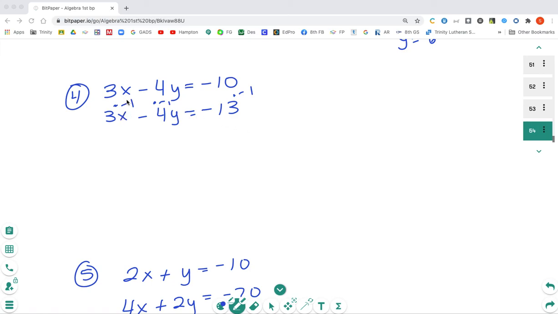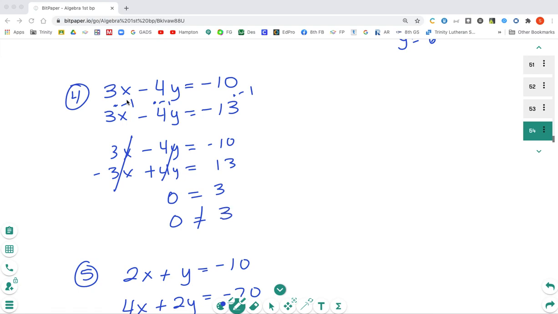So I'm going to have 3x minus 4y is equal to -10. -3x plus 4y is equal to +13. My x's cancel out. My y's cancel out. That leaves me with 0. And my -10 and 13 leaves me with 3. Now, 0 does not equal 3. So that means that this system has no solution. There is no ordered pair that's going to make both of them true.